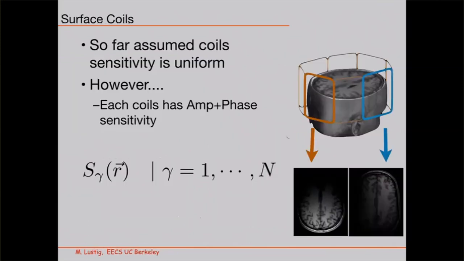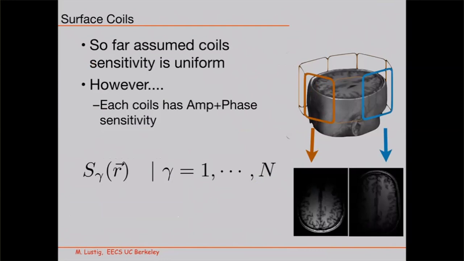Okay, so far we assume that the coil sensitivity is uniform, but each one of those loops is going to have an amplitude and phase sensitivity throughout the volume that follows your Biot-Savart law, kind of.